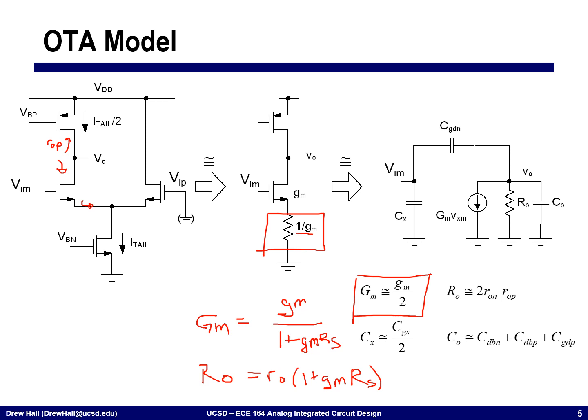And so that's how we end up with approximately this expression for the output impedance, 2R0N in parallel with ROP.